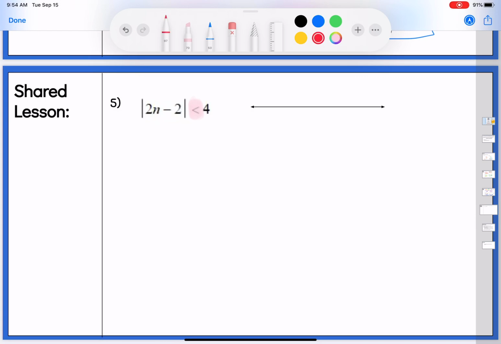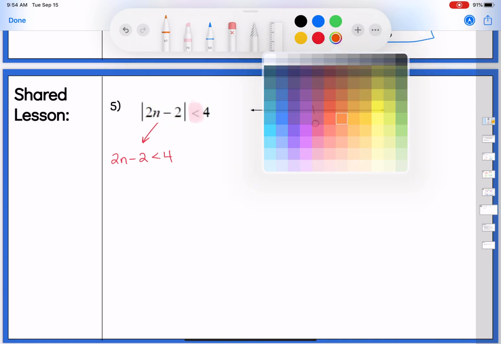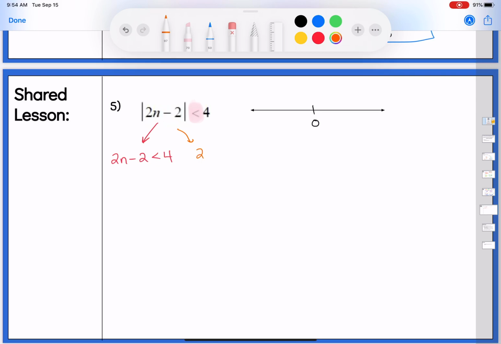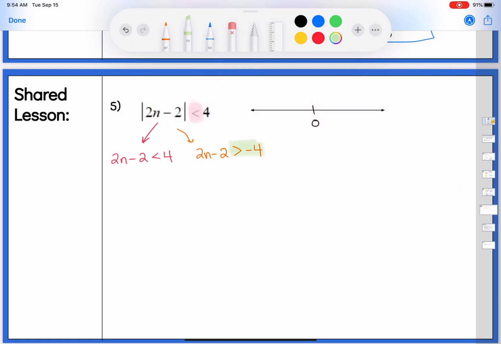So one possibility is that 2n minus 2, this part inside, will be less than 4. That will take from 4 and move towards the 0. The other possibility is that this 2n minus 2 has to be greater than negative 4. So remember, on the one that we make negative, we want to flip that symbol.